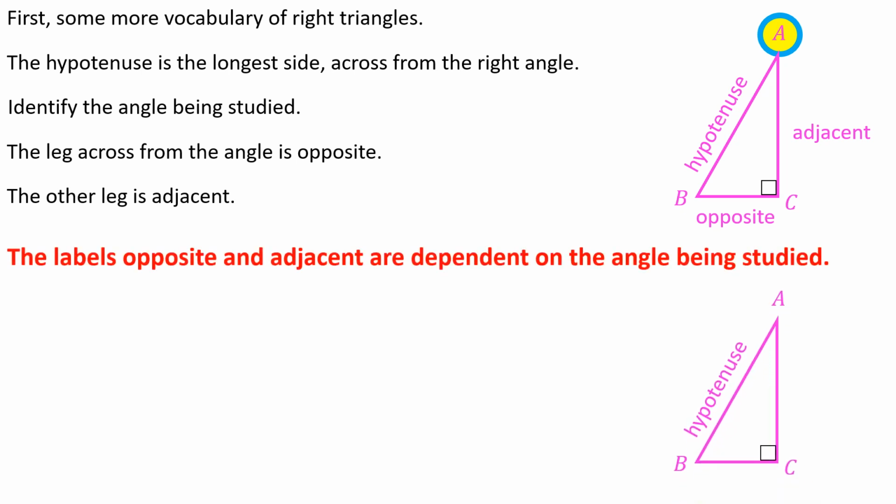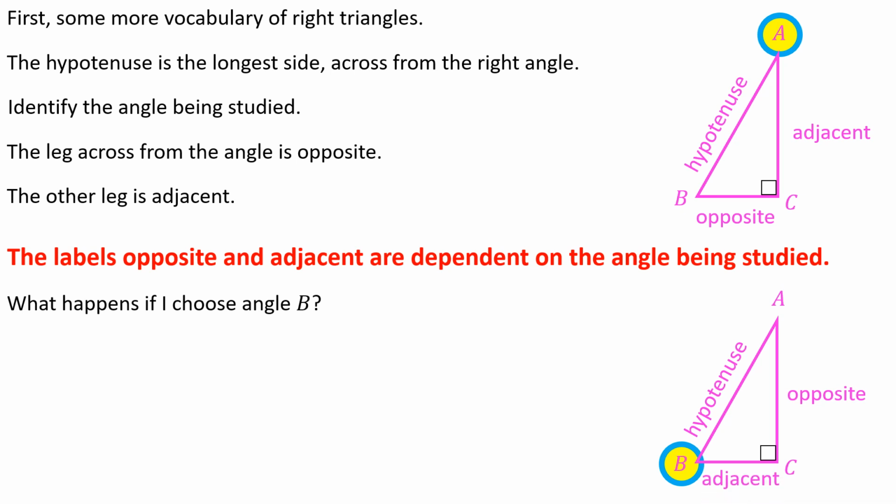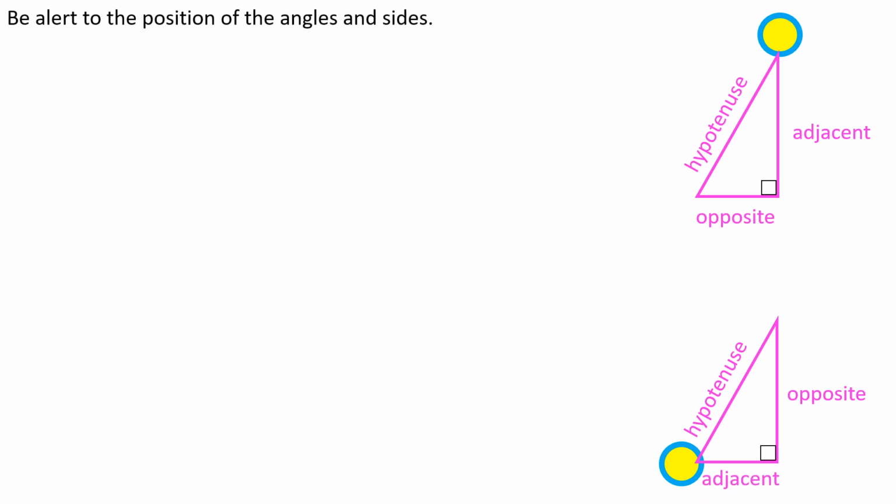Now, if I study the other angle, look what happens to the names. If I choose angle B, look where opposite ends up. Look where adjacent ends up. So I got to be on my toes. Opposite and adjacent will trade places if I look at the other angle. Some students try to memorize where opposite's always going to be.